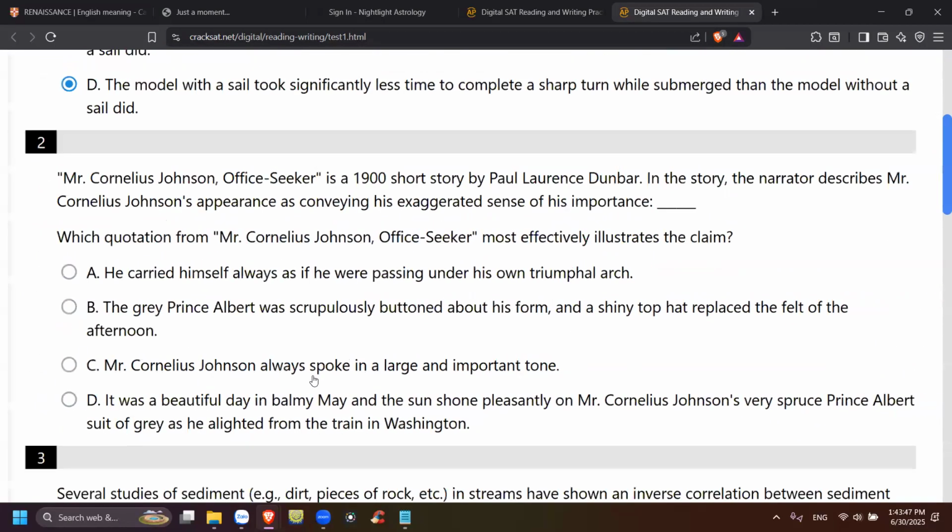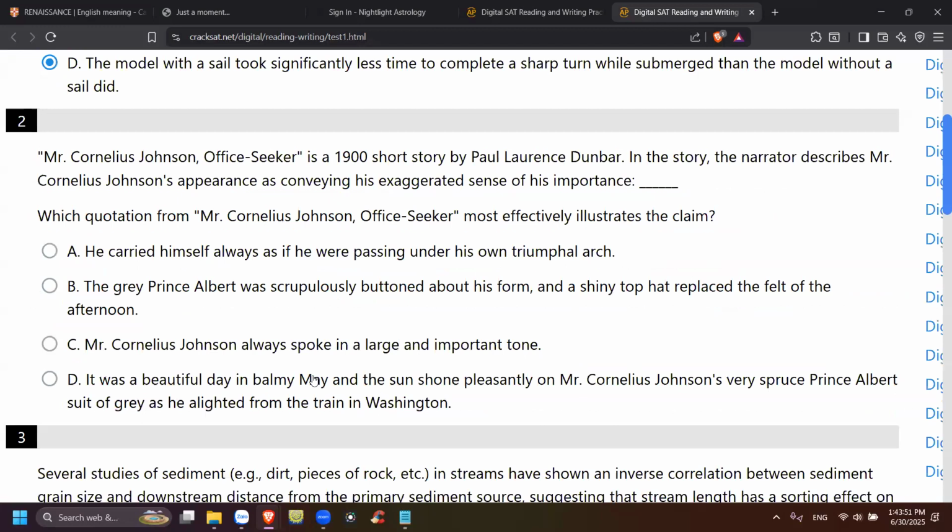Mr. Colenius Johnson, something, and a shiny top hat.